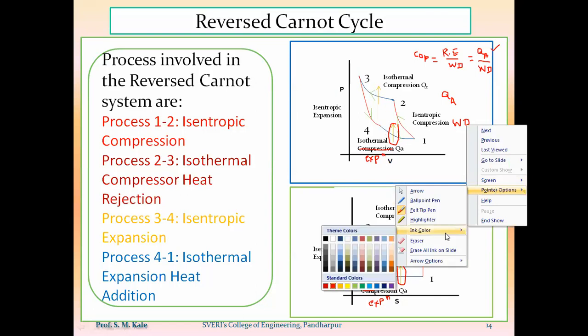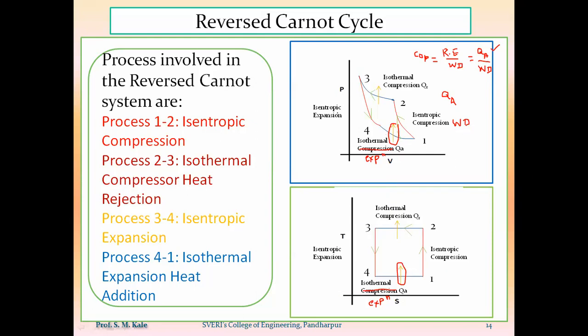So here I have two diagrams. The first one is called a PV diagram. The second one is called a TS diagram. Always remember that with the help of the PV diagram, a multiple choice question may be asked in competitive exams. By considering the area under the PV diagram, we are able to calculate the work supplied during the process or work obtained from the system.